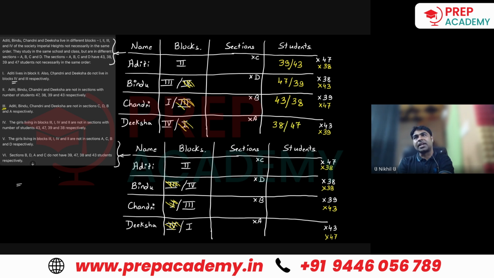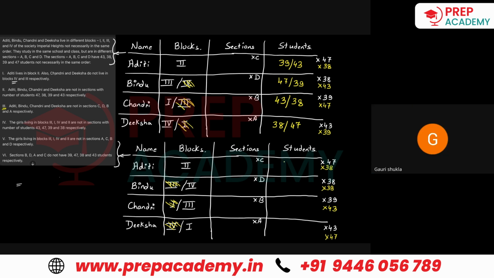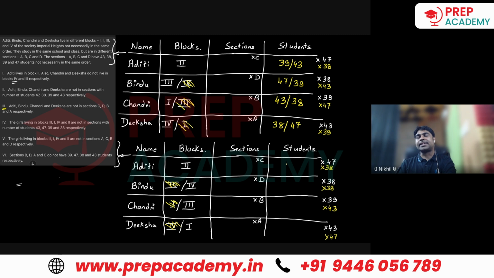So in this case, what is happening? The 38, 39, 43, 47, both are considered, right? Yes, since both are unique. Both the cases are unique, so we'll not cancel any of the cases as of now. Now here, 39 and 43 were left, so I'll write 39 and 43.